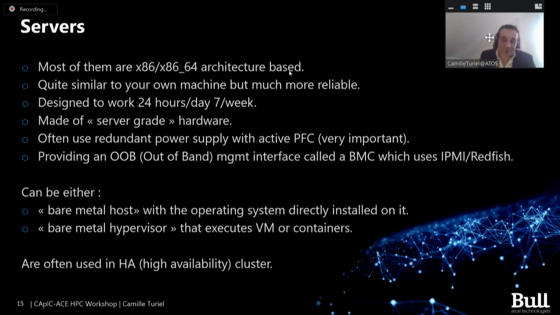Or we call that a BMC. If you hear about BMC, I think it stands for baseboard management controller, whatever.